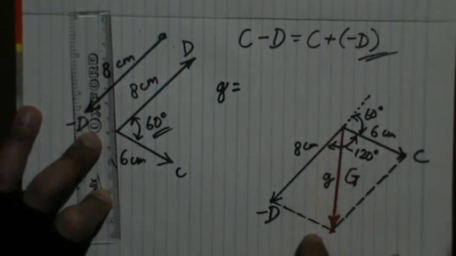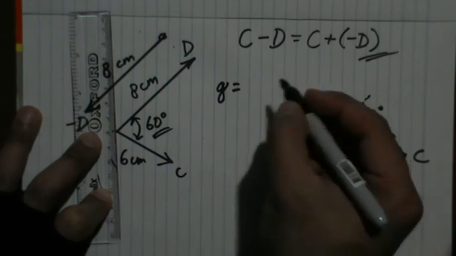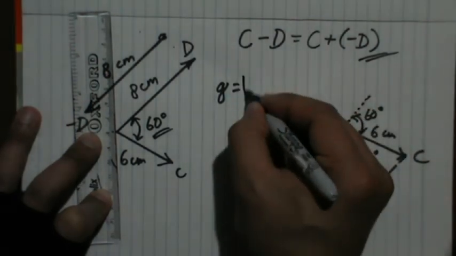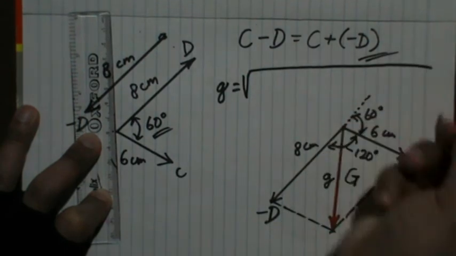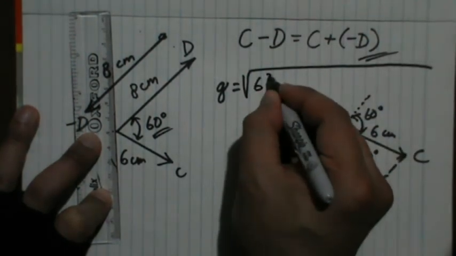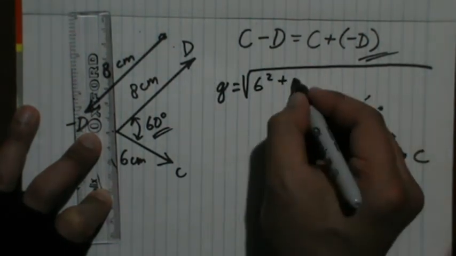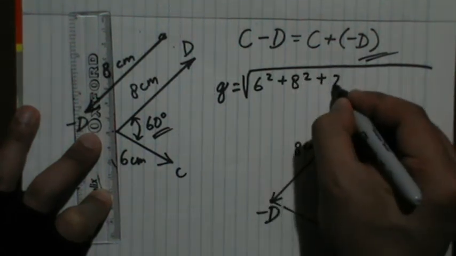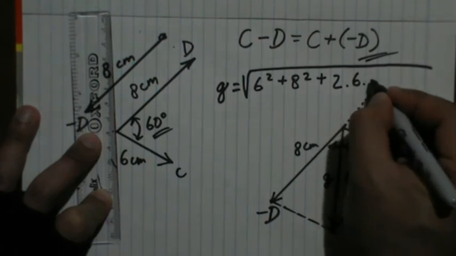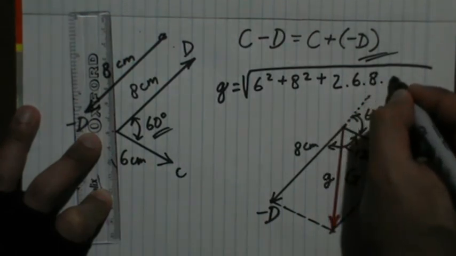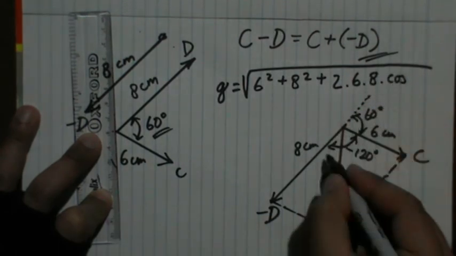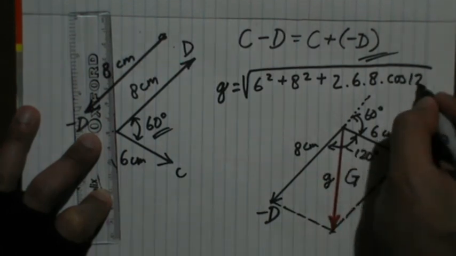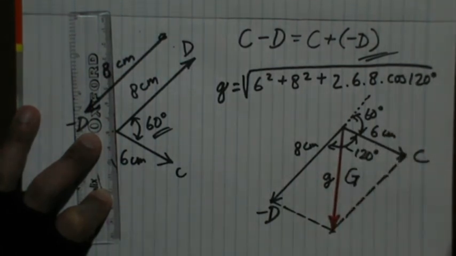So if we want to calculate the magnitude of vector G, it is equal to the square root of 6 square plus 8 square plus 2 times 6 times 8 times cosine 120 degree.